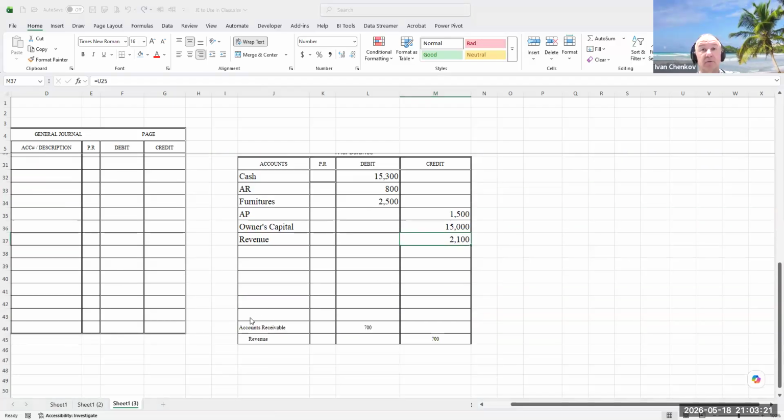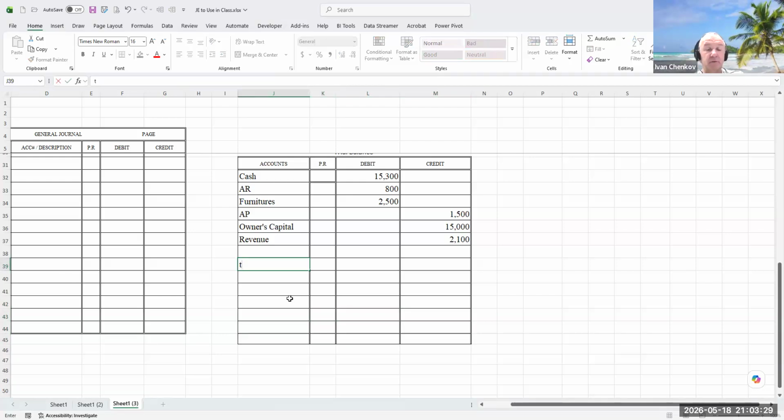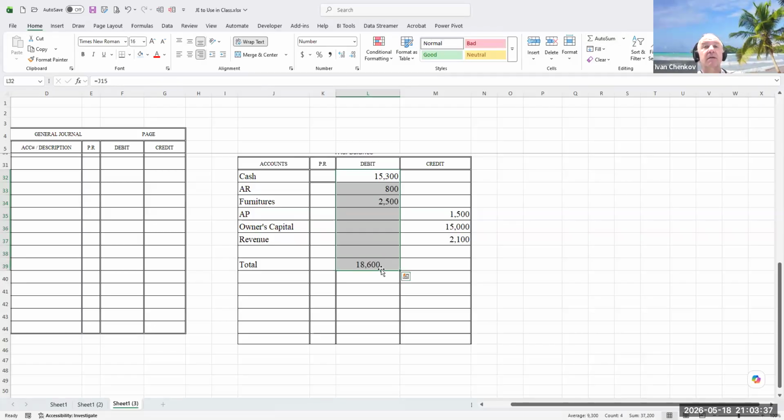Now, if we worked correctly, once I run the totals, the total debit has to be equal to the total credit. So we're going to see here totals. And let's see if that's going to be the case. Total is $18,600 debit. And now we have to get the same amount here.